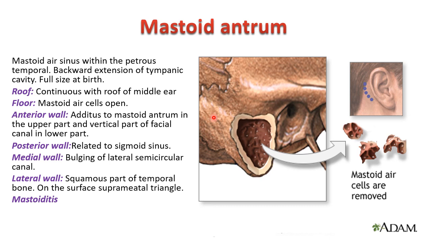And it might also, as I told you, spread to other areas because of the invasion of these mastoid air cells posterior to the sigmoid sinus, into the mastoid process, and through the posterior root of the zygoma. As I told you, it might also enter the anterior wall of the middle ear cavity. So that is about the mastoid antrum.